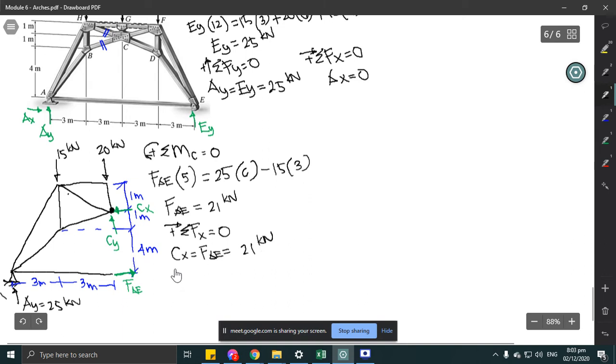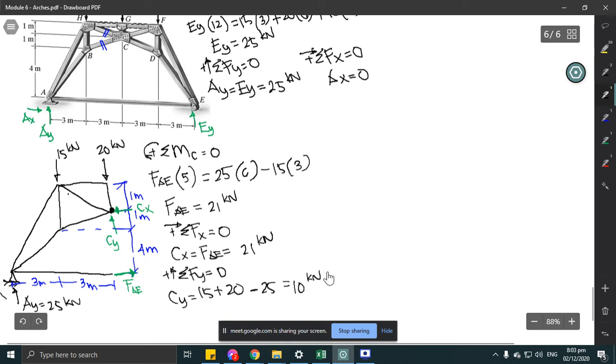When we take summation of forces in Y, assuming upward is positive, we solve for CY. That equals 15 plus 20, these loads, and then minus 25. So the value of your CY is 10 kilonewton.